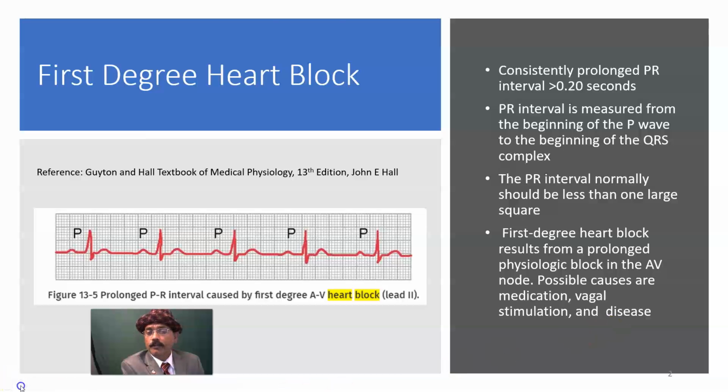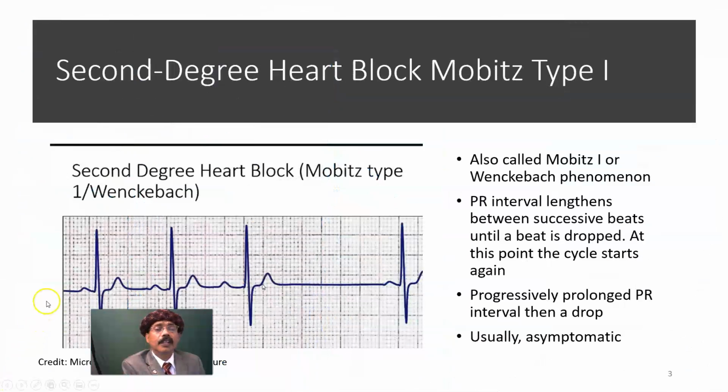Okay, we got that. Now we'll go to the second degree heart block, Mobitz type 1, also called Wenckebach. What happens? PR interval lengthens.